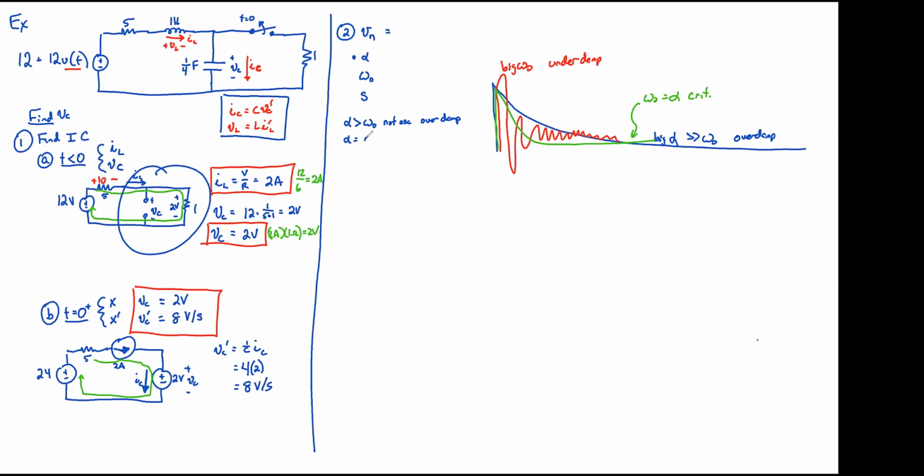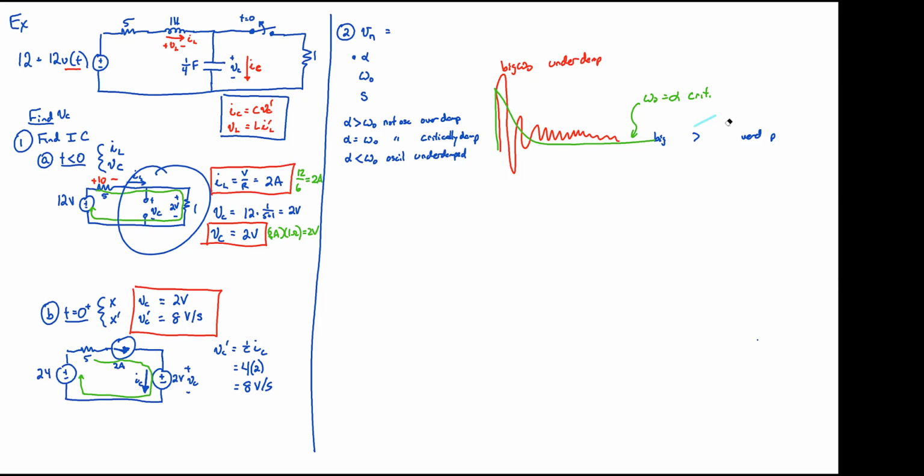If they're the same, it won't oscillate, but it'll be right on the verge of oscillating, and it'll be critically damped. And if your damping coefficient is small compared to your omega naught, then it will oscillate like crazy, and it will be underdamped. And the bigger the omega naught compared to the alpha, the more it's going to oscillate, and the faster the frequency it's going to oscillate.